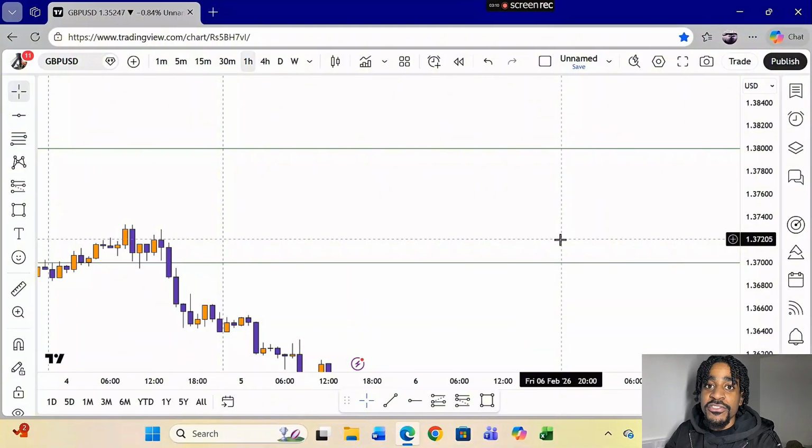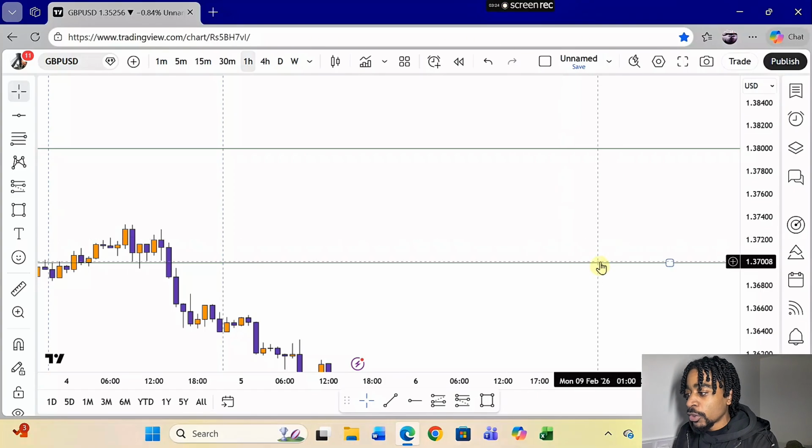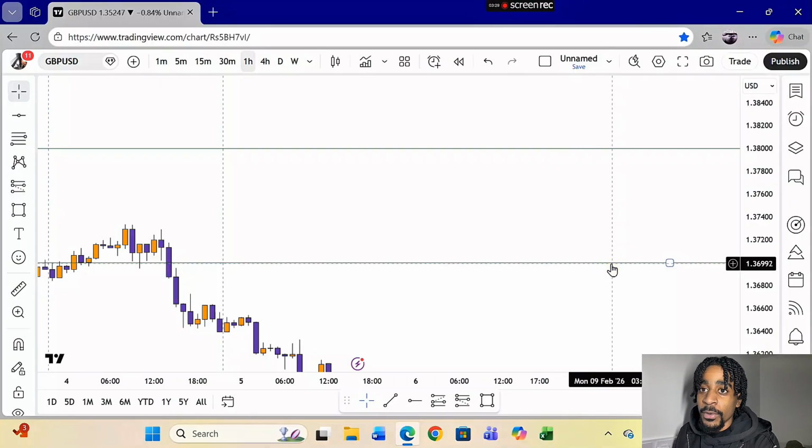The daily average is 75 pips on the majority of the currency pairs, meaning the whole day's range on average is 75 pips. These numbers are very important because that is price. Price moves based off the numbers.